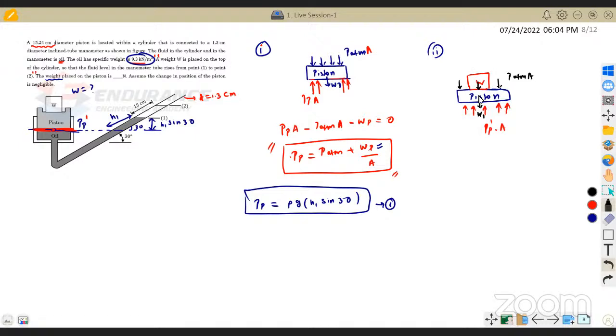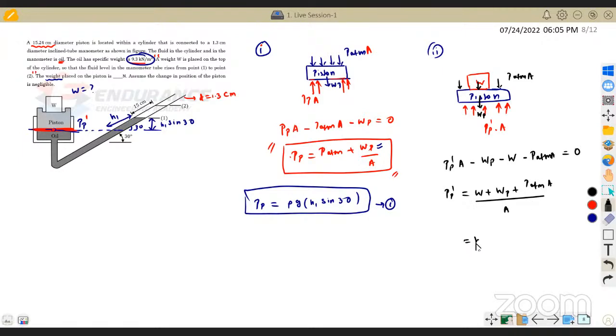Now if you consider the equilibrium equation, PP dash A minus WP minus W minus PATM A equals 0. The new pressure PP dash is due to the weight of the piston, the weight of the block, and also the atmospheric pressure. Rearranging, PP dash is equal to W plus WP plus PATM A, the whole divided by area.